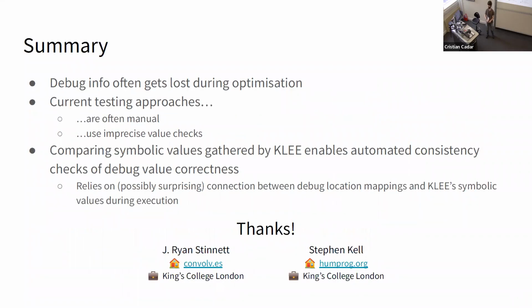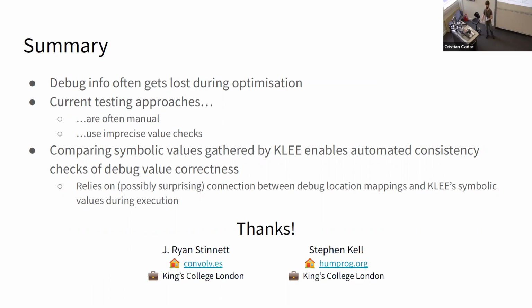And yeah, just to summarize things, the debug info often gets lost in optimization, and that's frequently what you're seeing when you try to debug an optimized program and get all these variable not available messages. Part of the story there is that the current testing approaches for debug info are hard to use, or they're manual, or they don't check values very precisely.